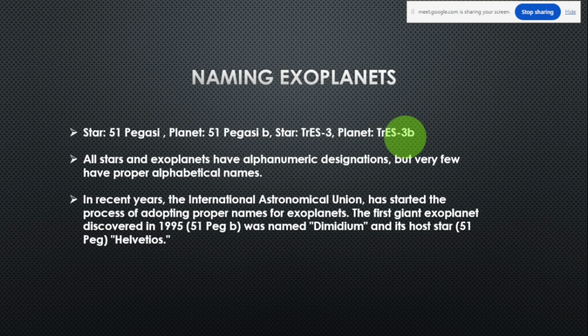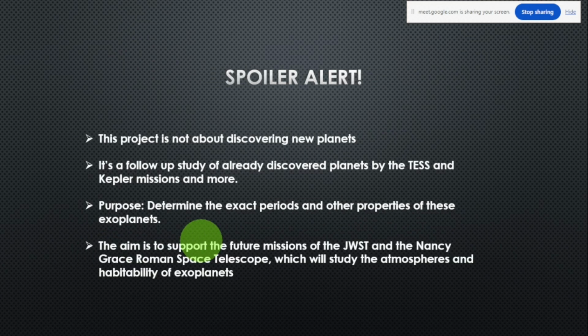This program happened, I think, last year, where members of the National Outreach Committee, I don't know if most of you know about it, named some planets and some stars. The first exoplanet discovered in 1995 got a name, Dimidium, and the star got the name Helvetios.